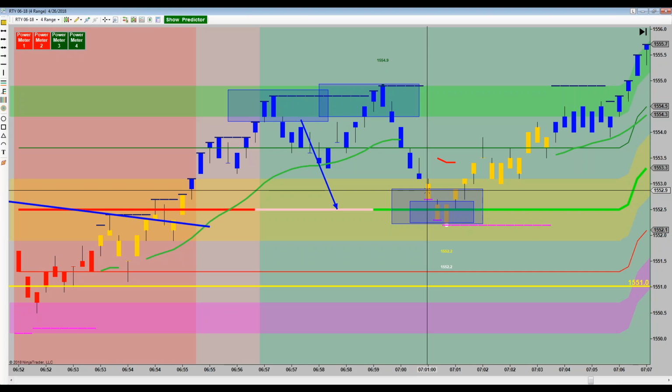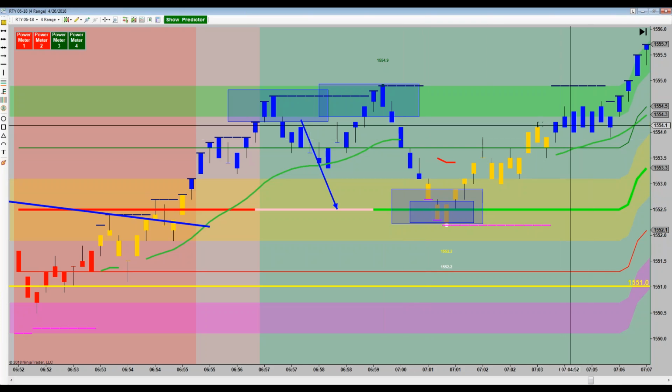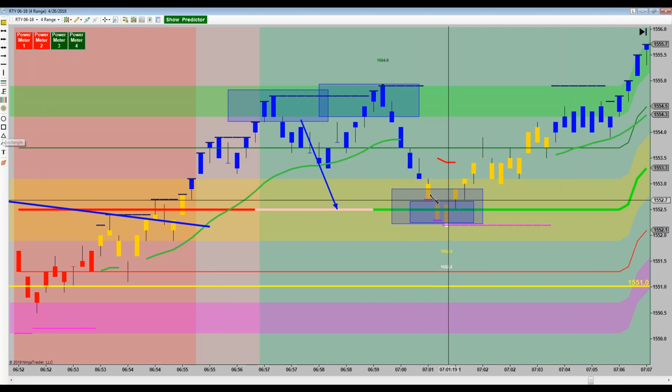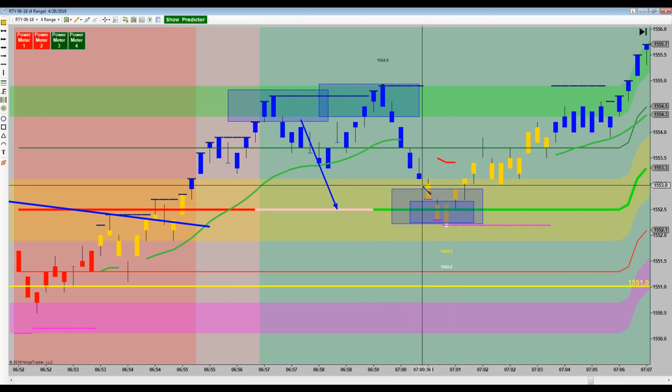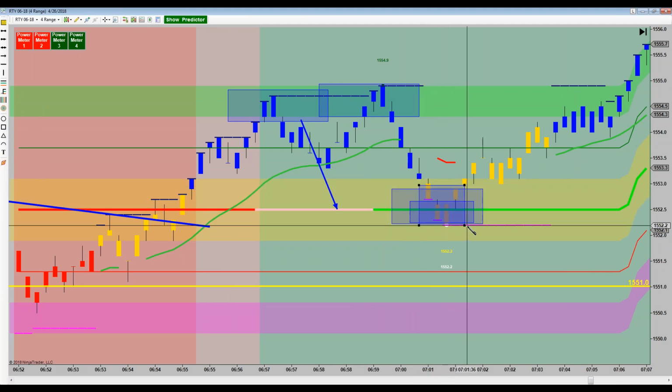Would you say that you realistically had time to go into Object Trader, get your region tool all set up, and come in here and try to draw a box? Was there enough time to do that? Yes or no, in your opinion?